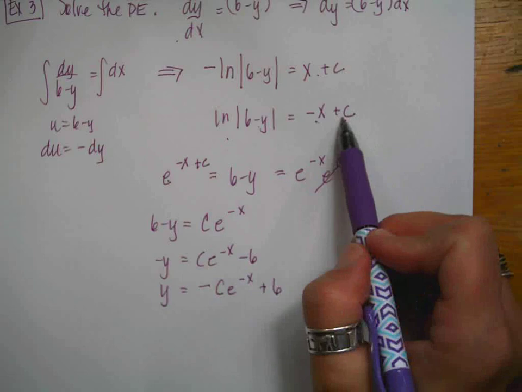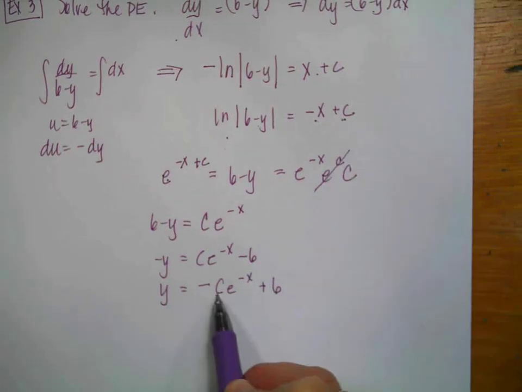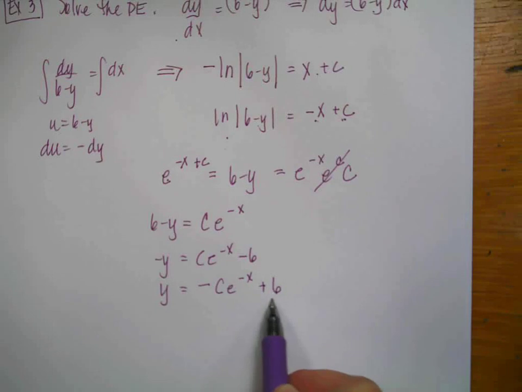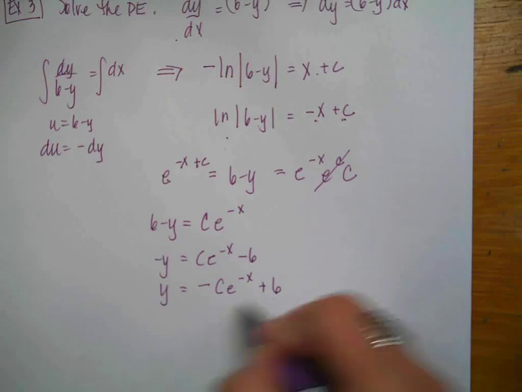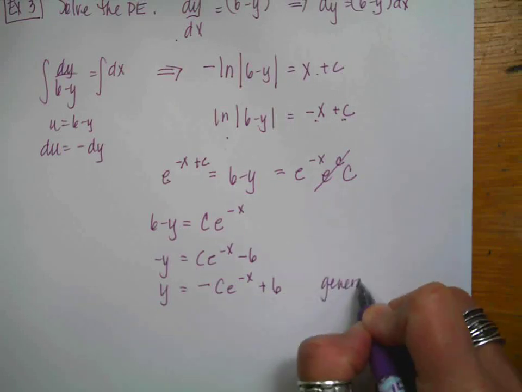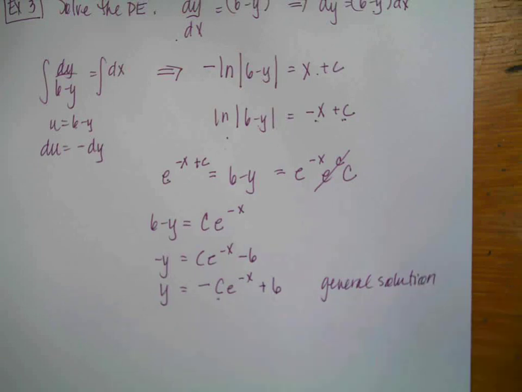So a couple of things to notice about the algebra. Up here I chose not to make it a negative c, right? We'll notice that by the time I solve for y, c still ended up being negative. So the math tends to work out. And so this would be my particular solution. Actually, I lied. It's still a general solution, because I still have a c as part of my equation.